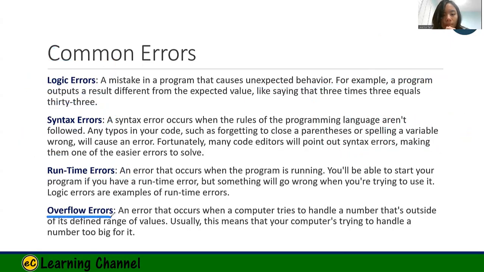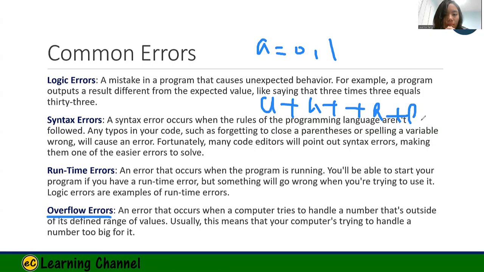There's a 4th type of error called overflow error. For example, you have A equals 0.1. So A plus A plus A plus A equals 0.4, and this one you may get false. But theoretically, 0.1 plus 0.1 plus 0.1 plus 0.1 should be 0.4.